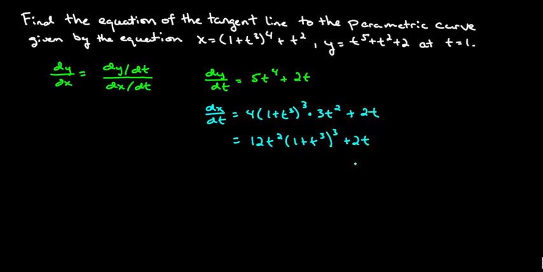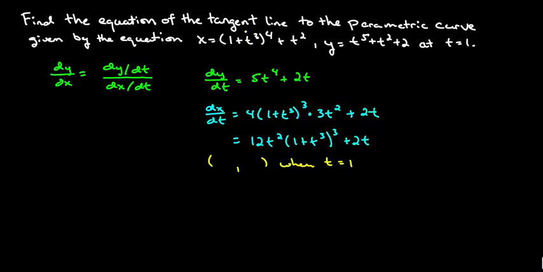plus 2t. Now what we need is what are the x and y values, or what is the point? I guess we really don't need it, but it will help in the graph, so I'm going to grab it anyway. The question is, what's the ordered pair when t is equal to 1?